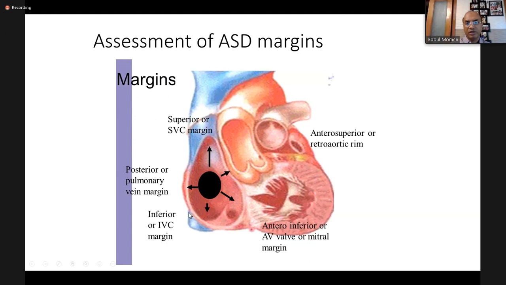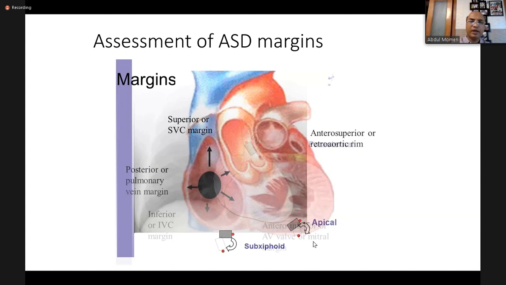These are the views: parasternal, apical, and subcostal. This is the ASD secundum. Here is the apical 4-chamber view, and here is our probe. We see the mitral rim and the posterior superior rim.